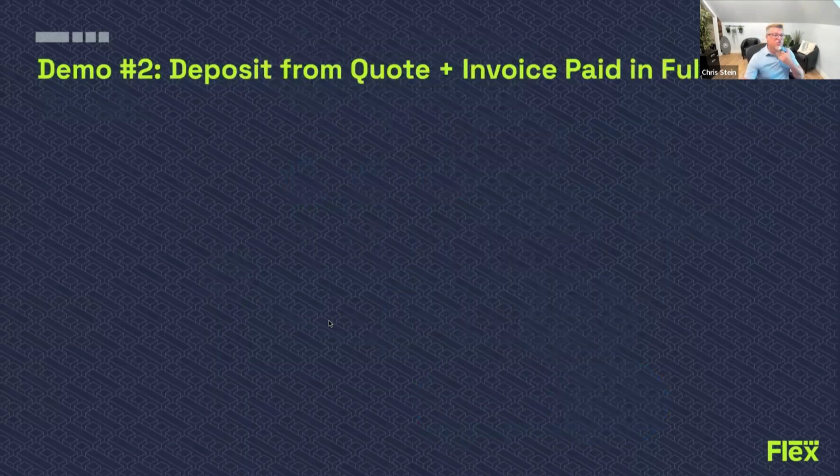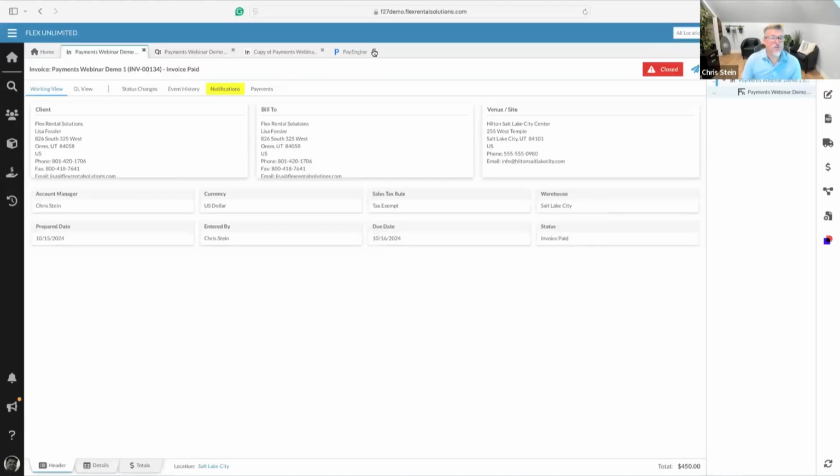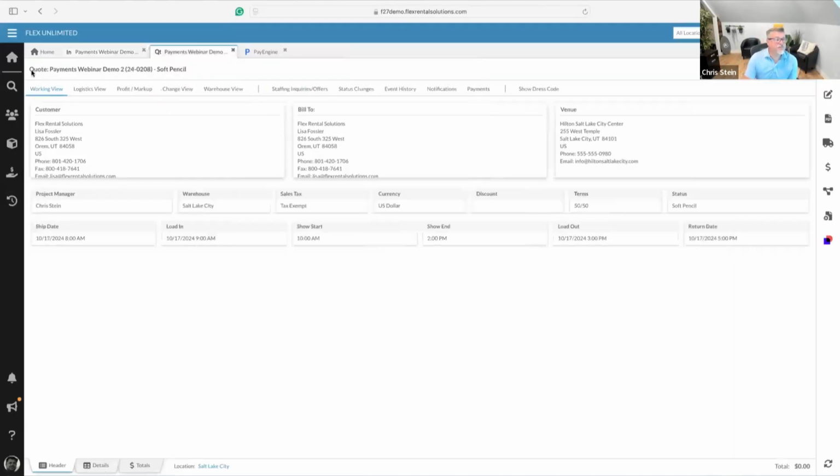So we're also going to show some functionality of, a lot of times in our industry, people are requesting partial payment from a quote and then getting a final invoice and a paid full action. So we've got this payment. Currently, it's a quote.